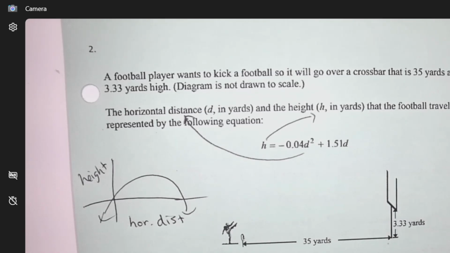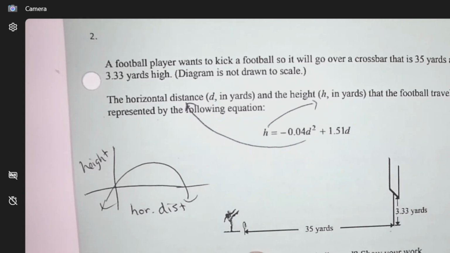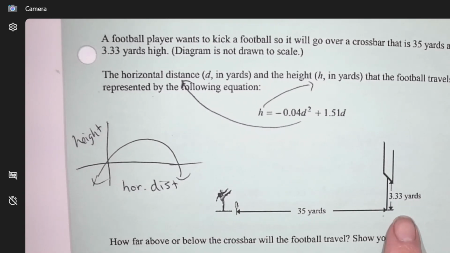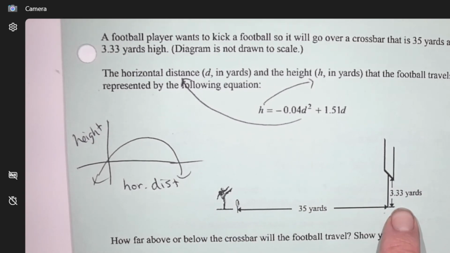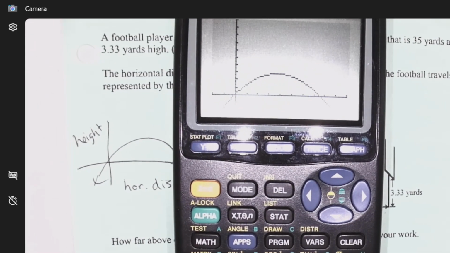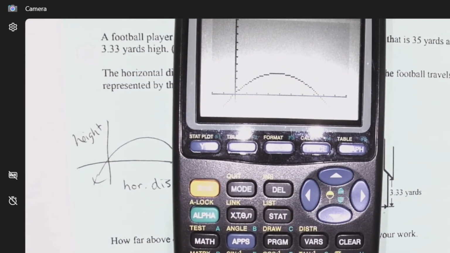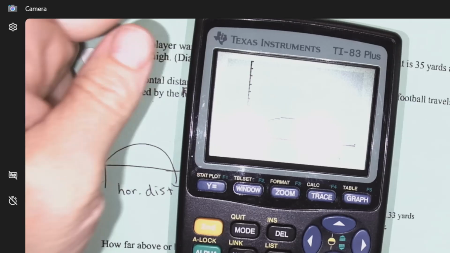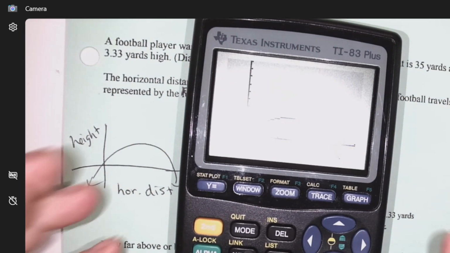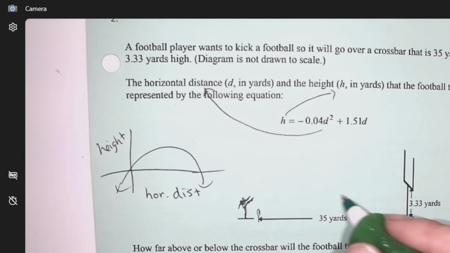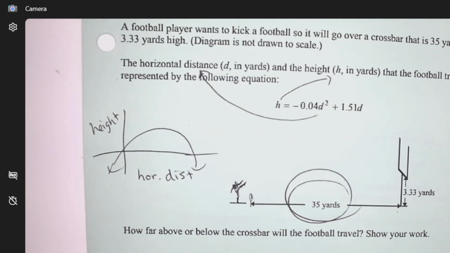Okay, so here we go. Question, problem solving skills. So the kicker is 35 yards away. Where is the ball going to be? What do I do? My calculator is going to do the math, so what do I do? All I know is this. Is it a horizontal distance or a height?